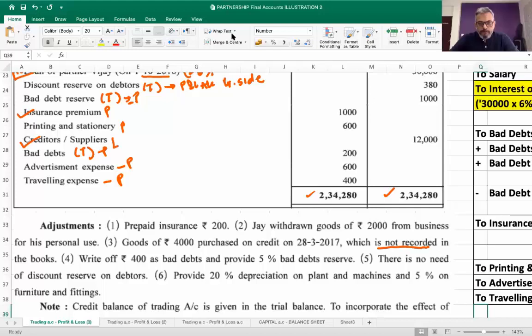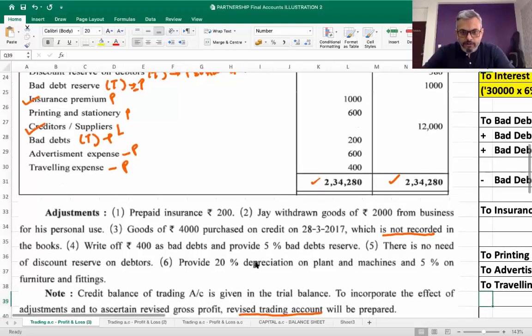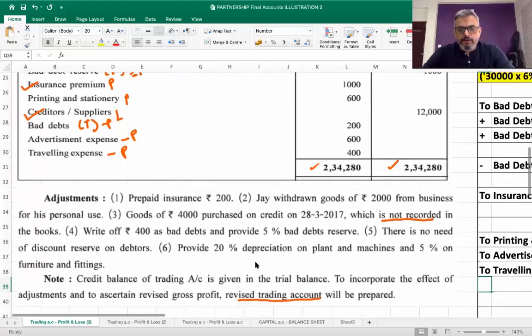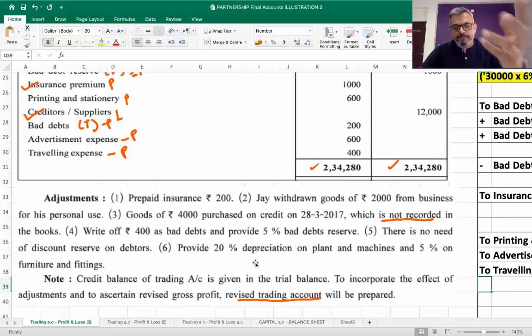Okay, now we go to adjustments. Adjustments are very simple over here, not much of tricky adjustments. Prepaid insurance 200. Anything you pay in advance is not your expense, it is your asset, because it was paid in advance, so until the services are received, I have a right to recover that money.